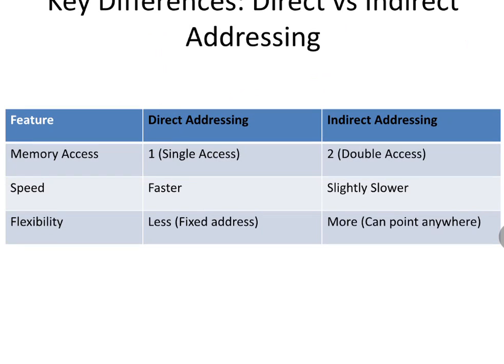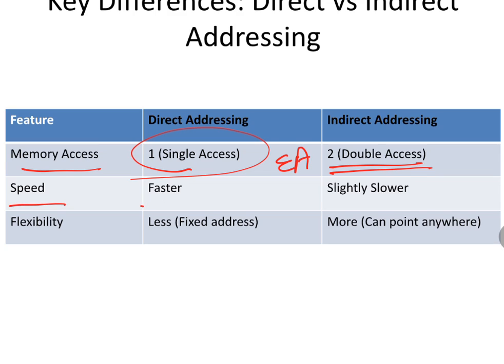So now let us see the key differences between these. I hope you already got to know the differences, right? In direct addressing, memory access is a single direct memory access, because we directly get the effective address, whereas in indirect it's a double access, because we need to fetch the effective address from memory.